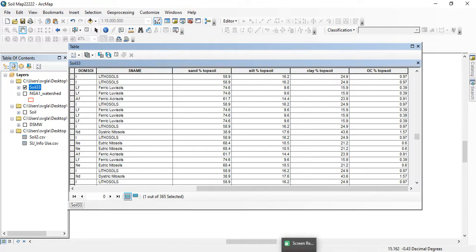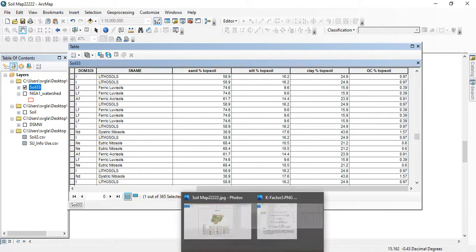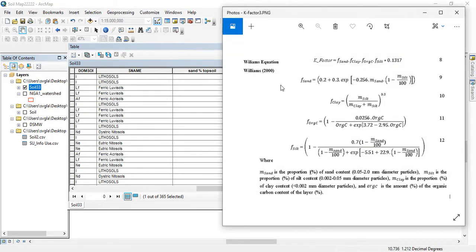Now with this data, I need to create a field for these parameters we are calculating: the F sand, F organic, F clay, and F silt.